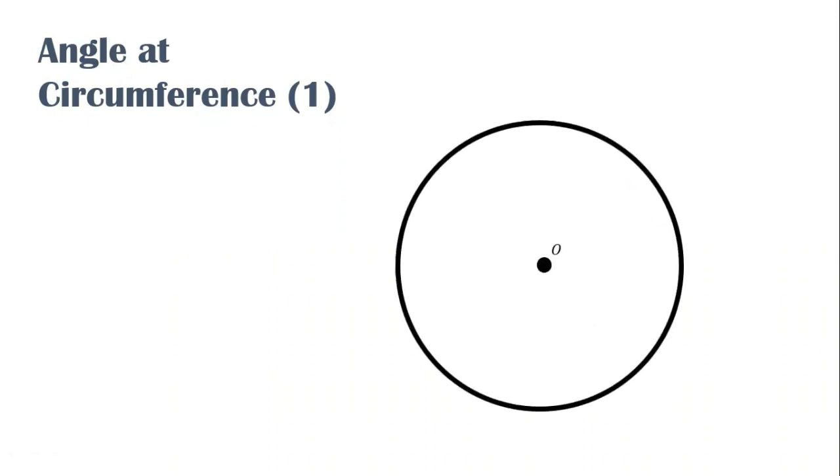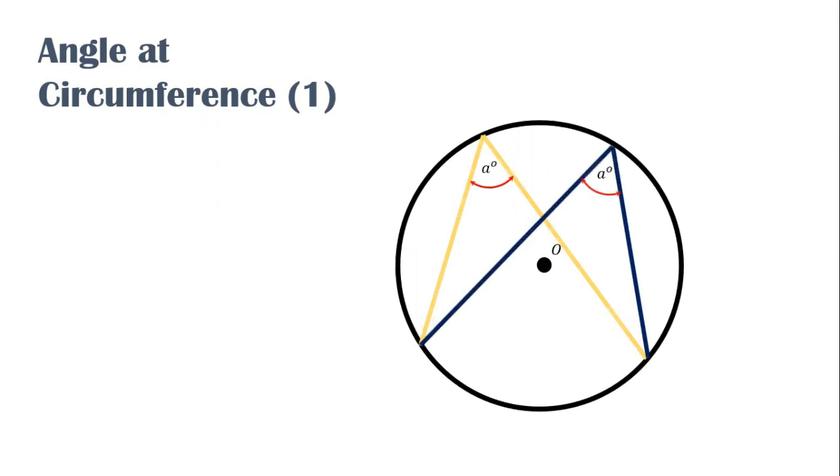Let's say the circle, we name circle with center O. Then we call this one angle A degrees, this one is angle A degrees too, and this one we call A degrees as well. And we have angle AKB, angle ALB, and angle AMB.